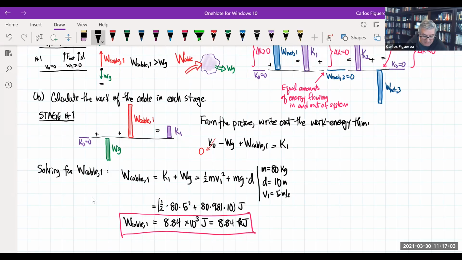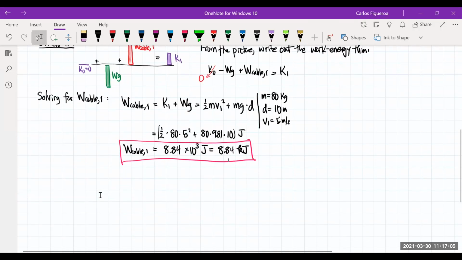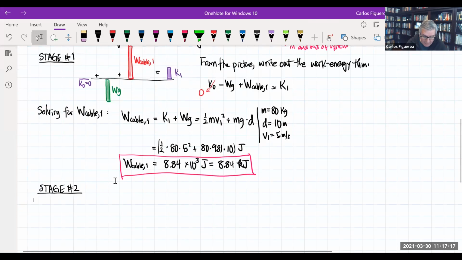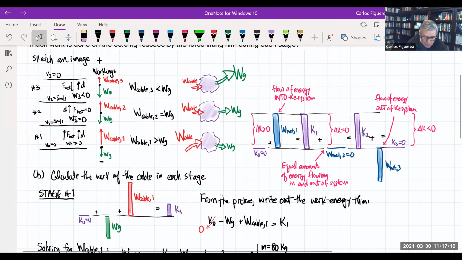So let's go to the second stage. In the second stage, which I'll call stage 2, look what we're seeing here. The fact that there's no change in the kinetic energy means these two works must be identical.